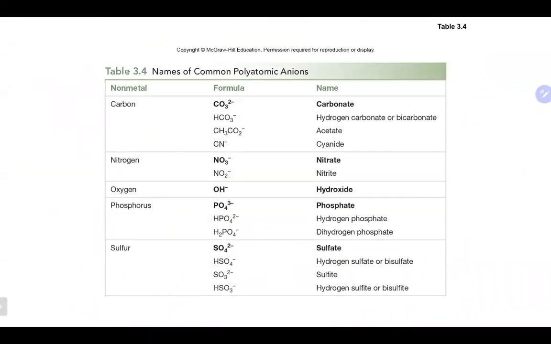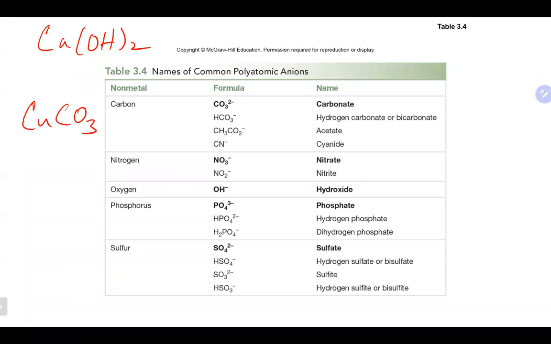So why don't we try some here? Let's do CaOH2. Let's do CuCO3.